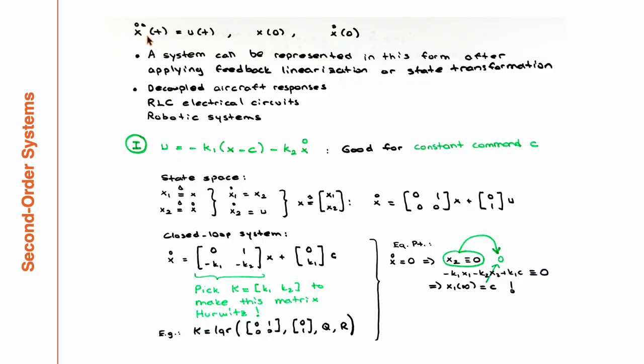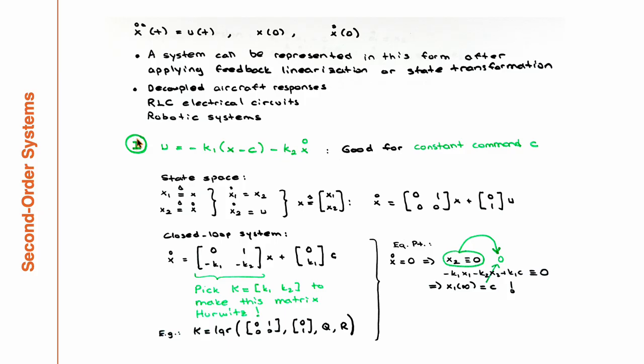Forgetting about robotic systems and aircraft responses, the general structure of RLC electrical circuits, if you're an electrical person, not mechanical or aerospace, these systems are also very common and very popular in the motion control domain.